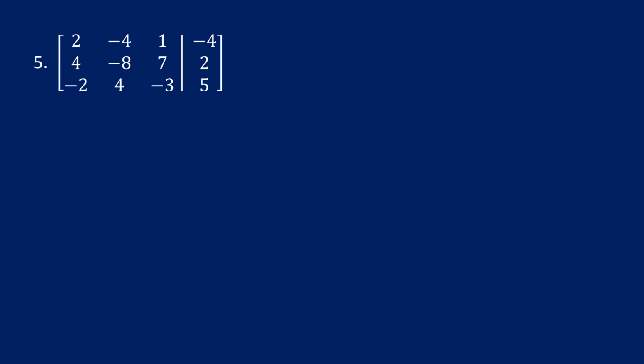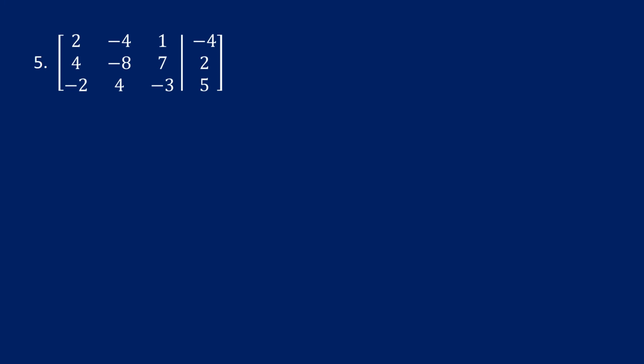For example 5, consider the matrix with row 1 being 2, negative 4, 1, negative 4. Row 2, 4, negative 8, 7, 2. And row 3, negative 2, 4, negative 3, 5.